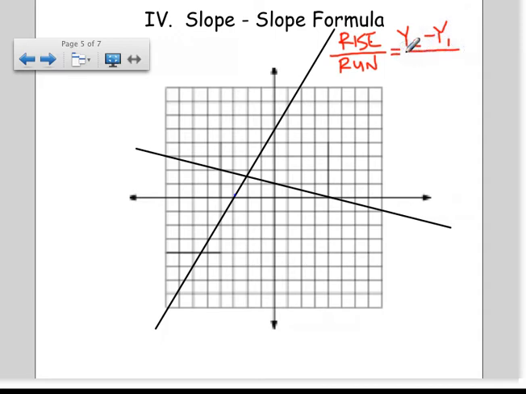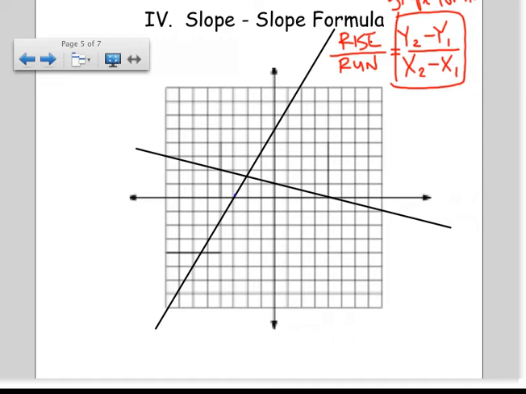The run is how much it goes left to right, and so to find that out, we can subtract the x values for the different points. And that's where we get this, which we call the slope formula. I ran out of space, but slope formula.